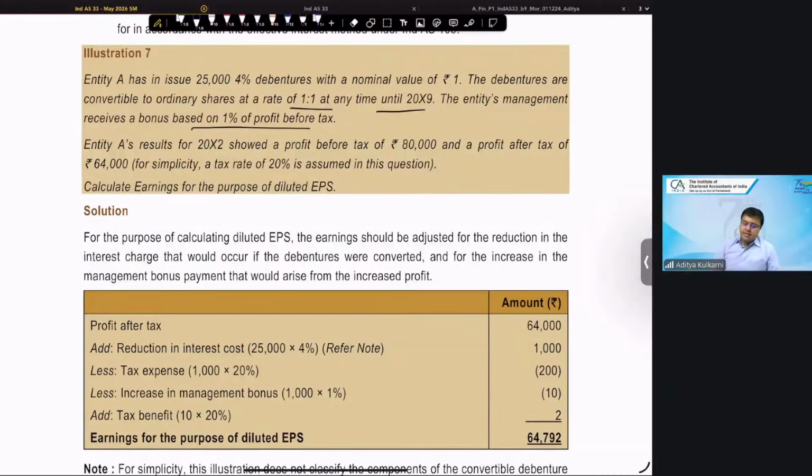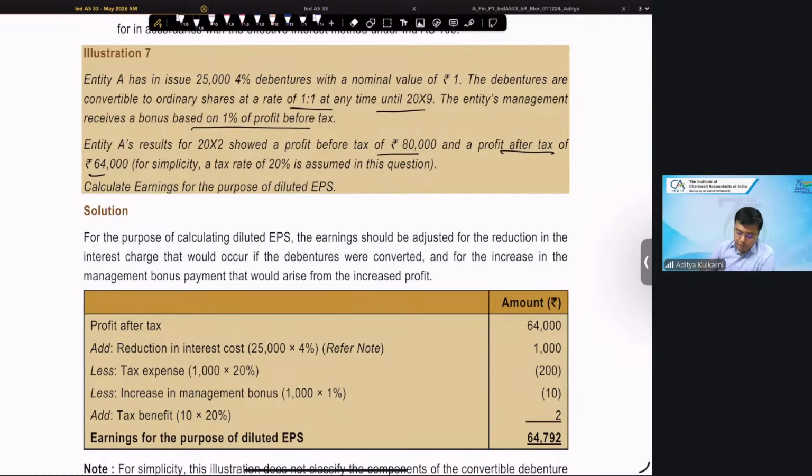Entity A's results for 20x2 showed a profit before tax of 80,000, profit after tax of 64,000. For simplicity, a tax rate of 20% is assumed in this question. Okay. So now calculate earnings for the purposes of diluted EPS.